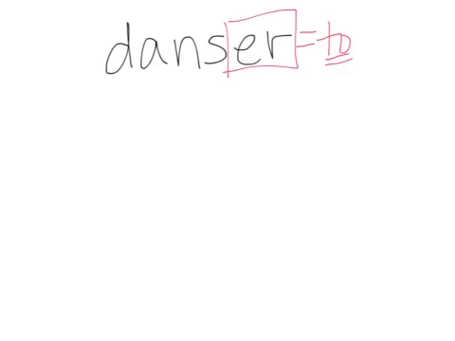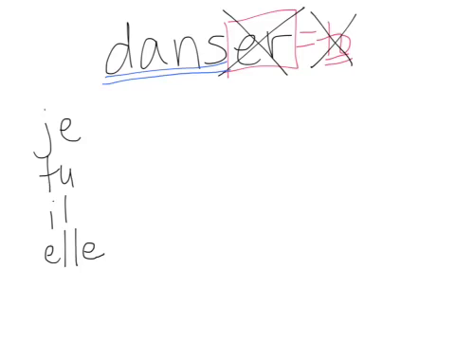To conjugate a verb, we don't want it to say to, so we don't want that ER at the end. We only want the stem or root of the verb. Let's focus on the singular subject pronouns, je, tu, il, and elle.